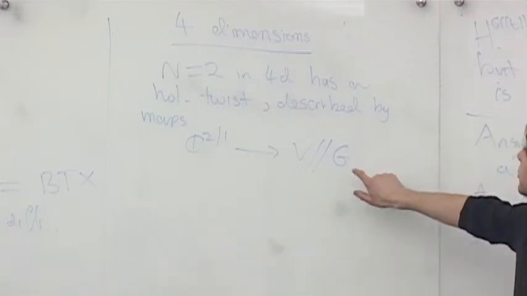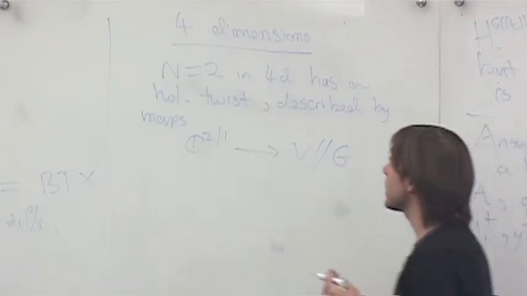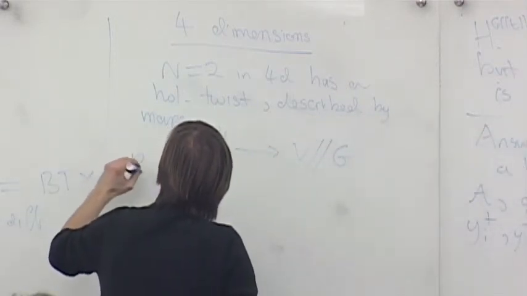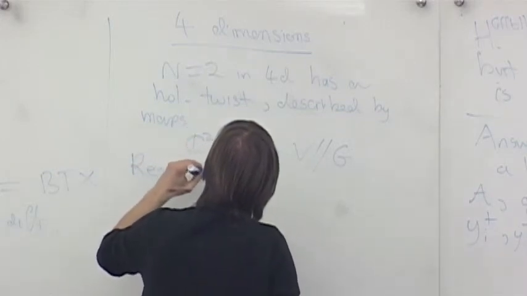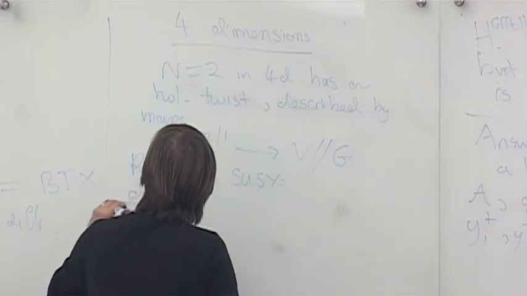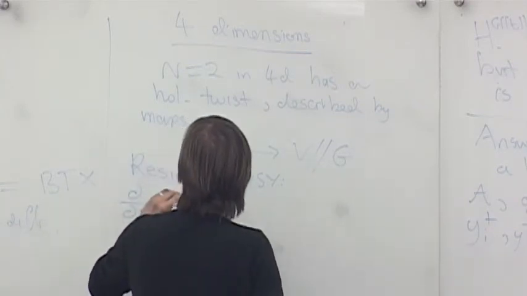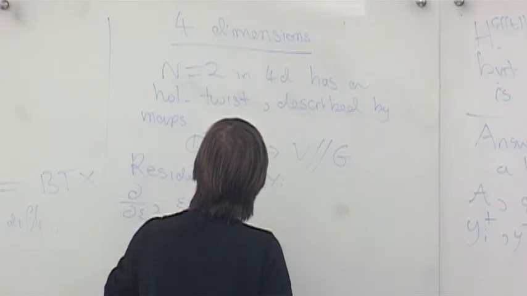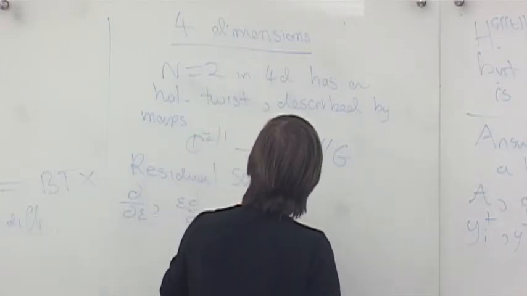Here again, G is the gauge group of our theory, V is a matter representation. Then there's some residual supersymmetry, which is given by the vector fields d by d epsilon, epsilon d by dz1, epsilon d by dz2.